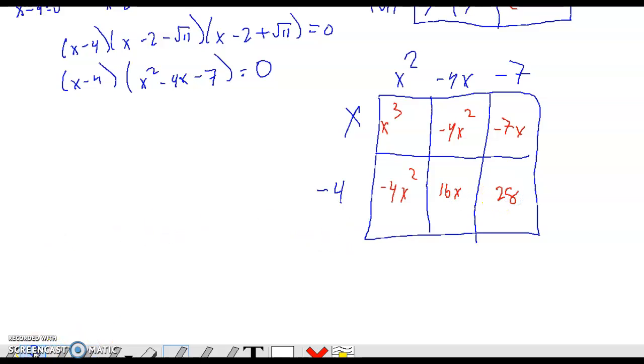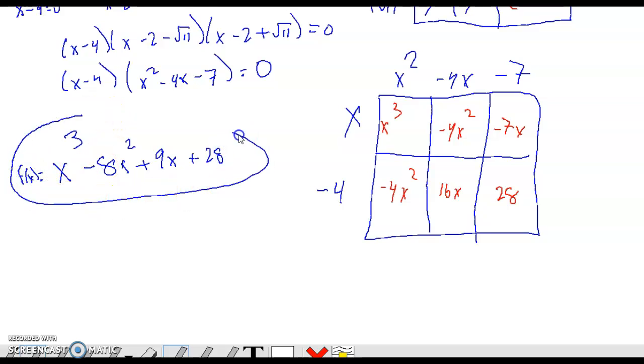So go ahead and we are going to get x cubed, minus 8x squared, and then plus 9x plus 28. This time I will set it equal to f of x, because that is what we are doing.